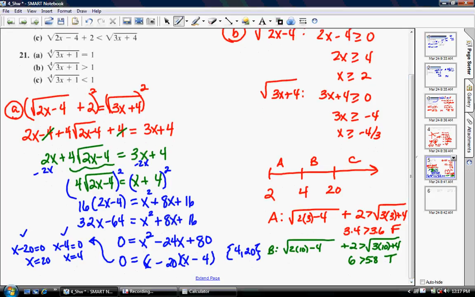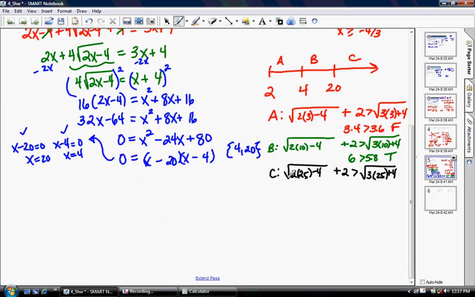And then a number out of region C, so maybe we plug in 25. The square root of 2 times 25 minus 4, and then plus 2. Is that greater than the square root of 3 times 25 plus 4? So let's see what we get here. That would be what? 50 minus 4 is 46.